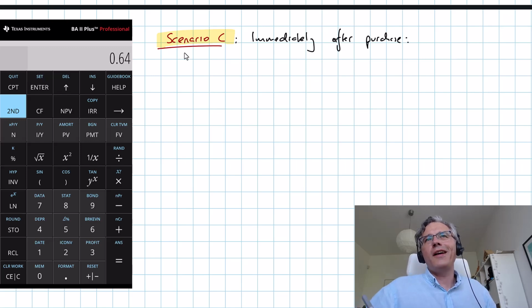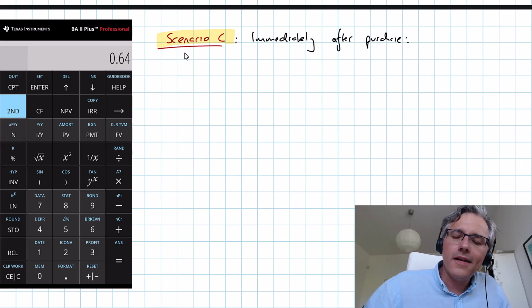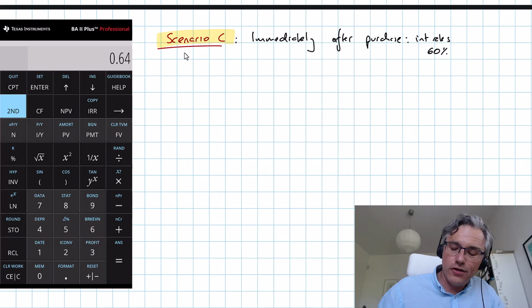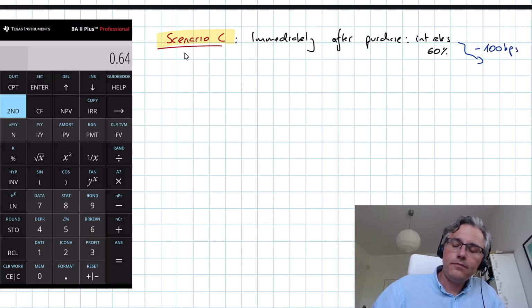It's enough that it happens before the first coupon is received. That's what matters. Interest rates go down from the initial 60, which was our YTM, by 100 basis points, to a fresh level of 59%.